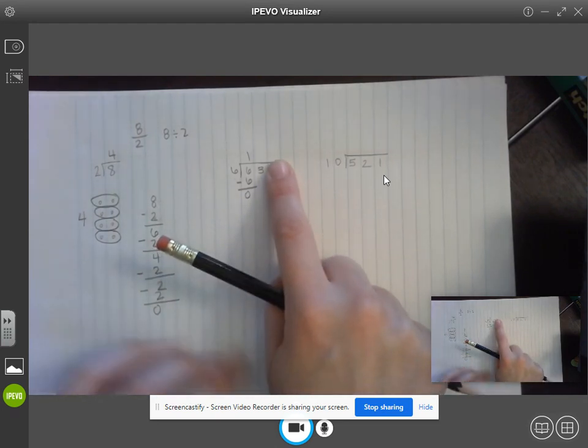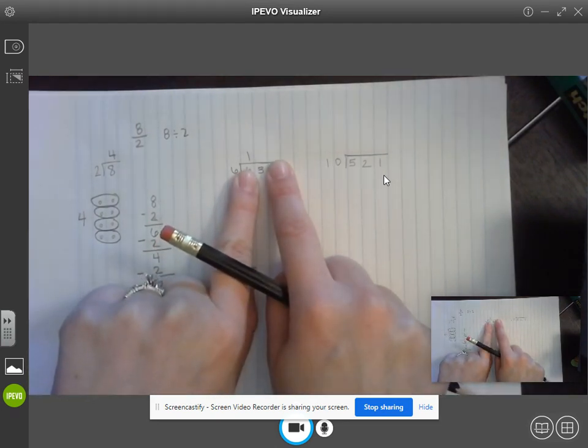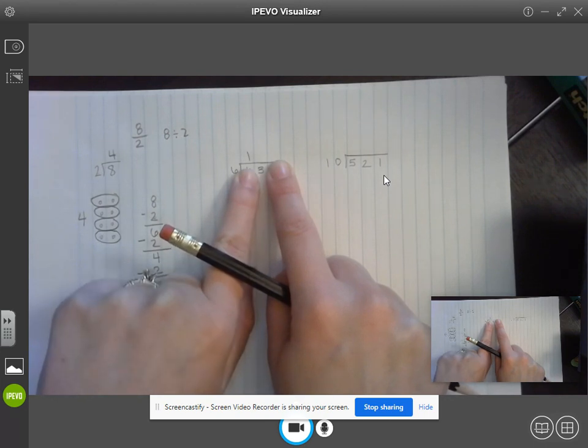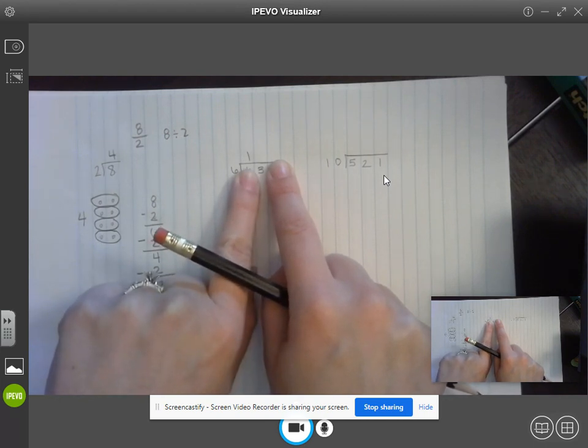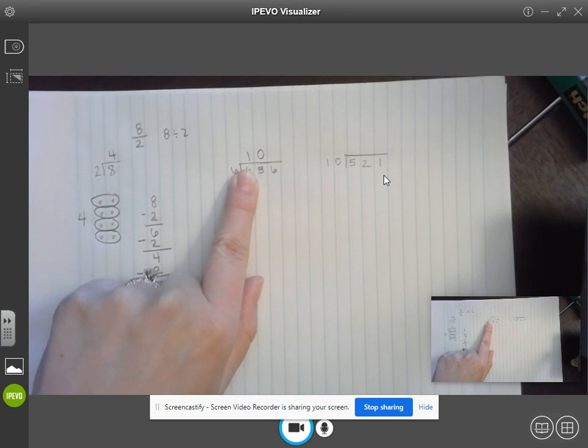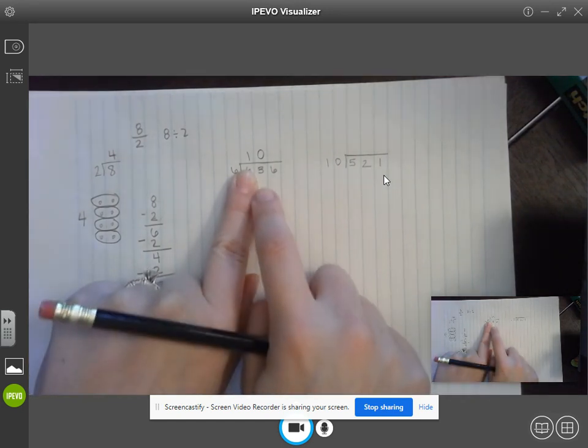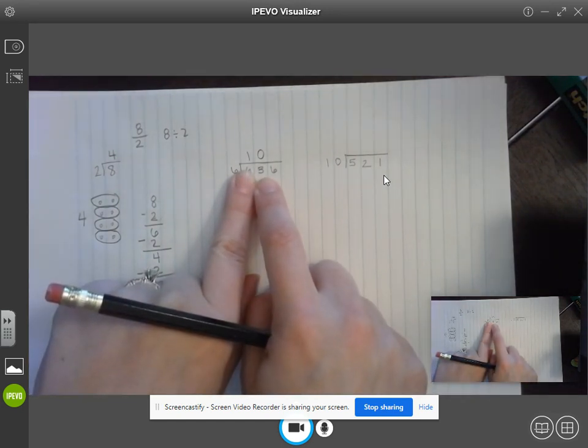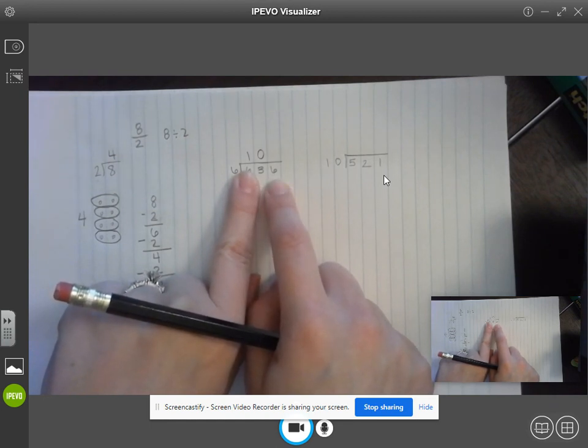Now let's look at the tens place. How many times can we subtract 6 from 3? We can't, right? That would take us into the negatives, and we don't want that. So we'll put a 0 as a placeholder above the 3. How many times can 6 be subtracted from 36 before we get to 0? 6 times.